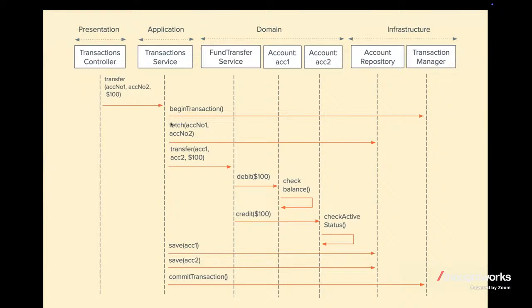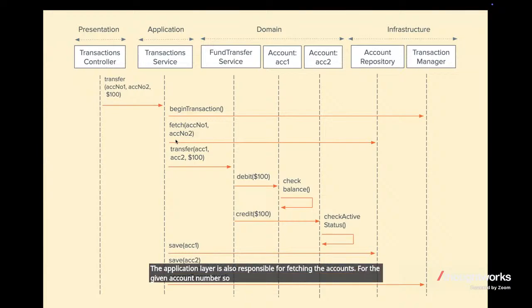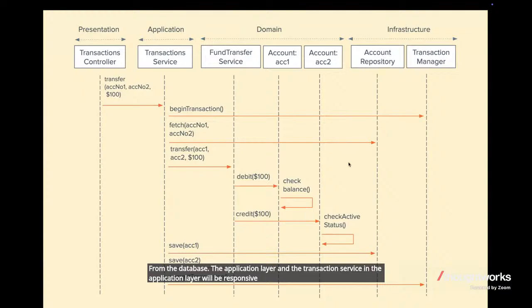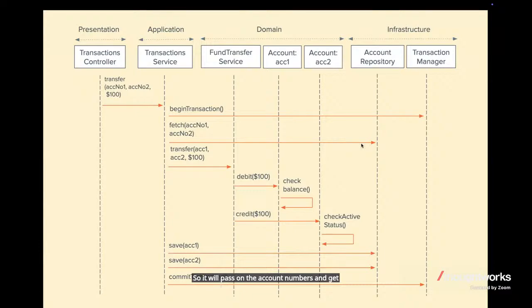The application layer is also responsible for fetching the accounts for the given account numbers. We will get account numbers in the request, but we need the actual account objects from the database. The transaction service in the application layer will be responsible for fetching these accounts from the account repository. So it will pass on the account numbers and get the account objects.